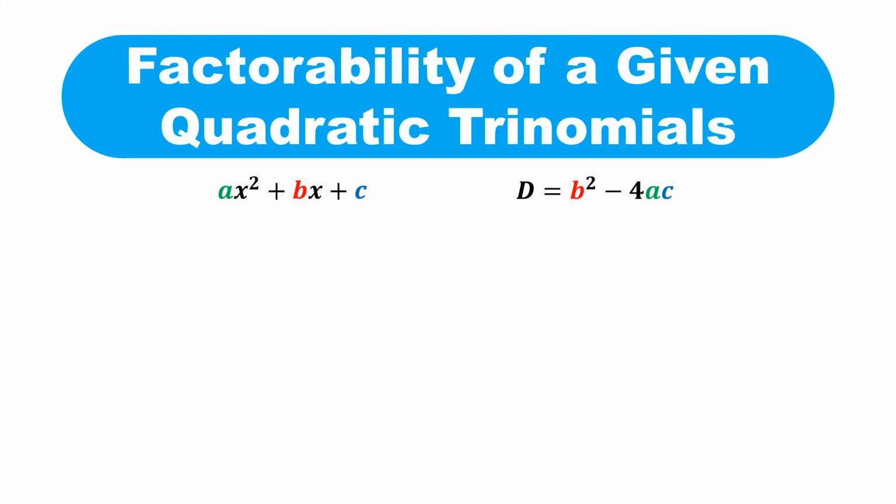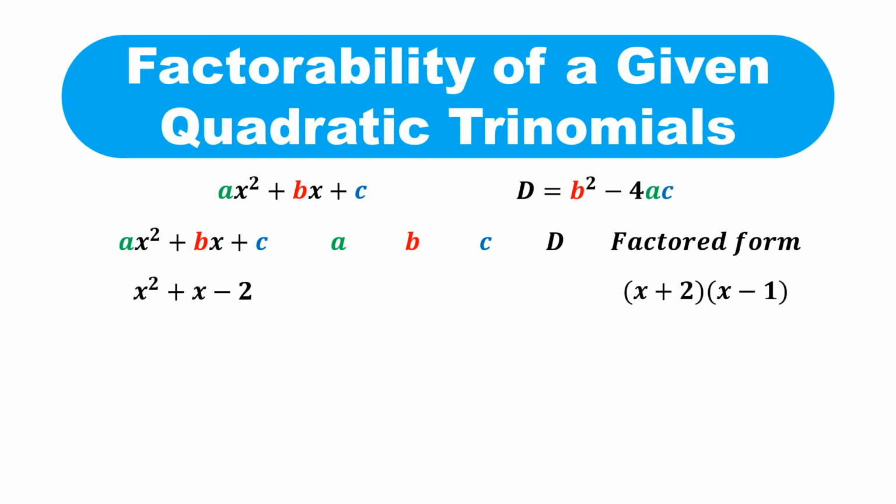In this table, observe how the value of the discriminant of a factorable quadratic trinomials differ from the value of the discriminant of non-factorable trinomial. The factored form of the quadratic trinomial x squared plus x minus 2 is x plus 2 times x minus 1 with a equals 1, b equals 1, and c equals negative 2.